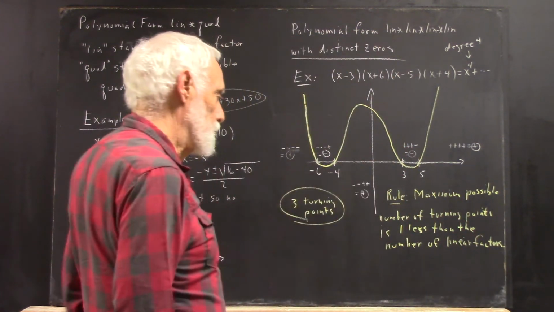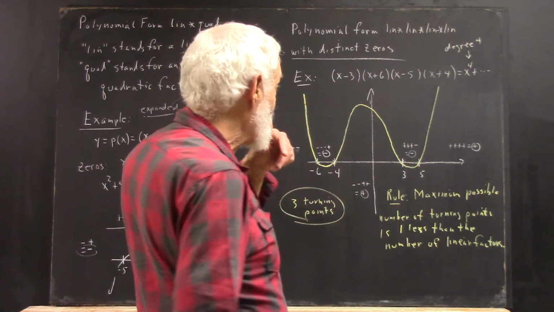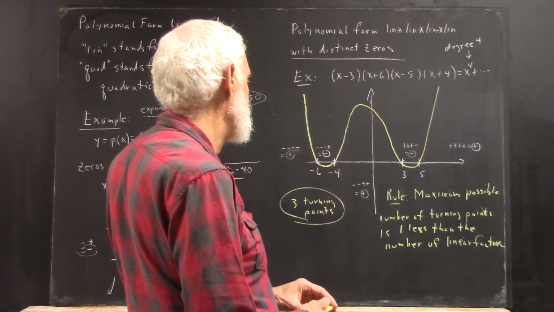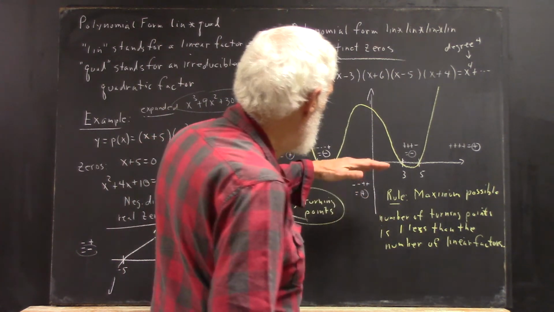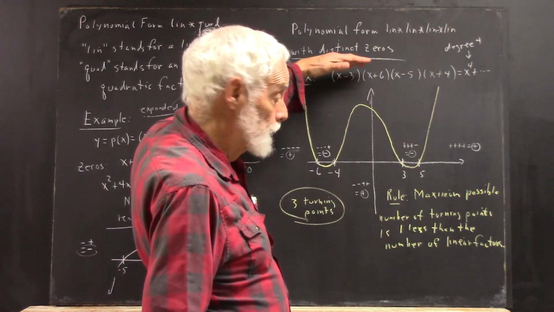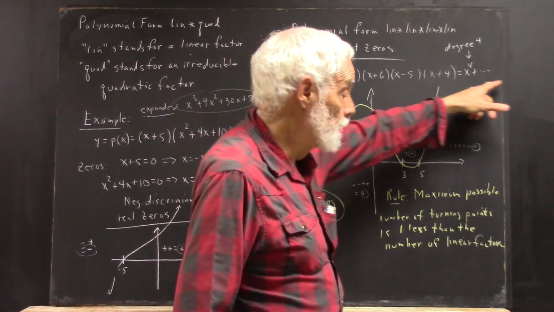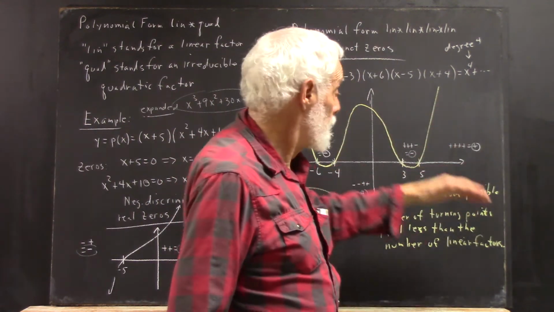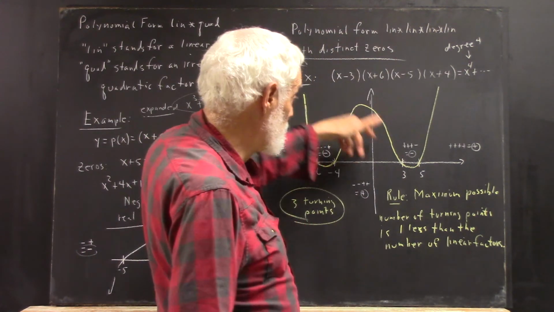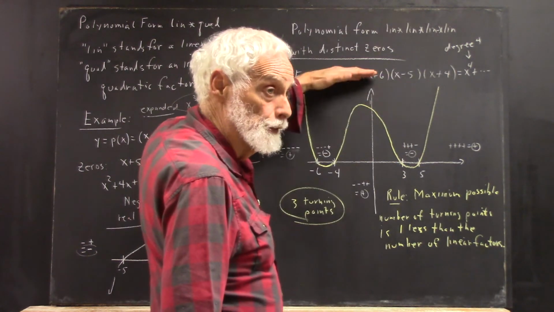I started to say one less than the number of zeros, because that would apply here, but I could change this polynomial by raising it up above the x-axis just by adding a number onto the end of it, and the expanded form would still be a polynomial, but it would be up higher and it wouldn't have any zeros. But it would still have the same turning points because just adding a number just vertically shifts it.